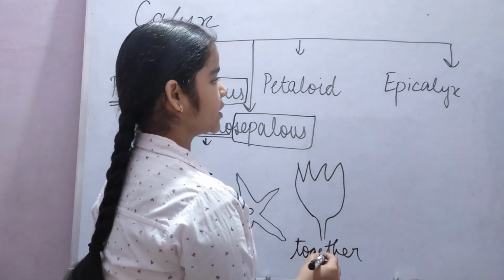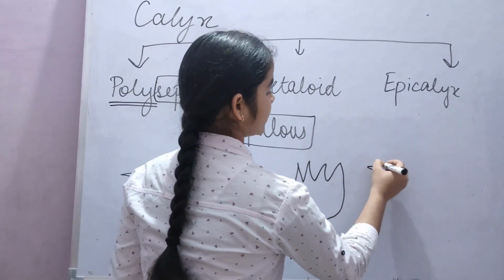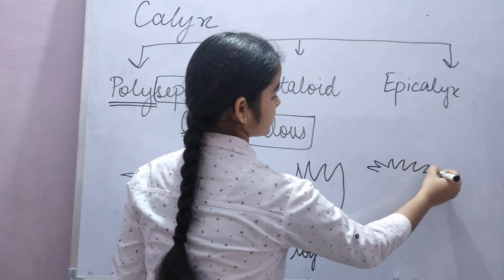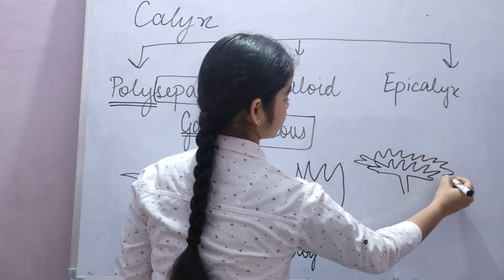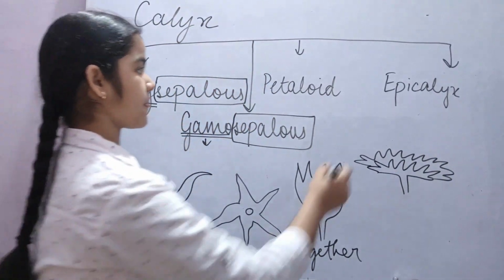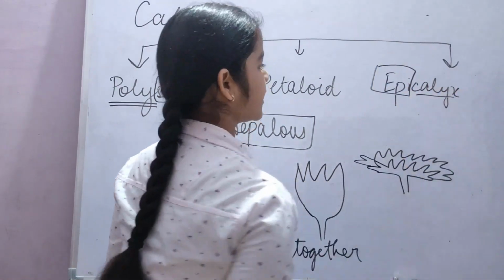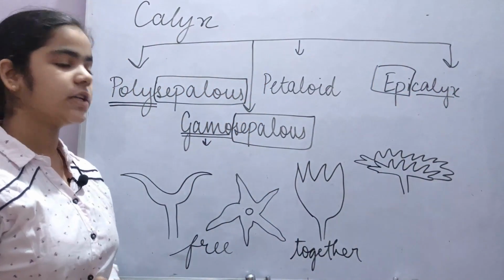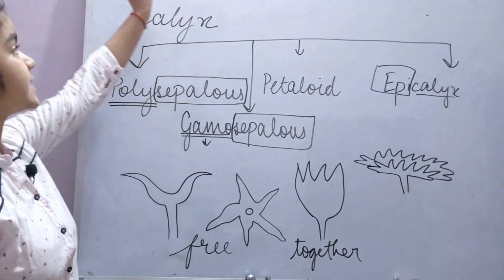The last condition is epicalyx. You must have seen in some flowers there are various structures like this. So whenever you see the second series of calyx, epi, then this condition will be called epicalyx.